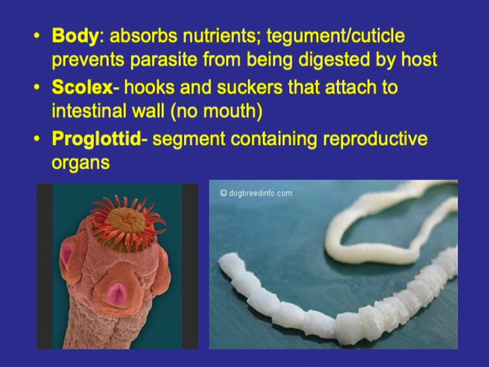These organisms consist of a scolex, that is hooks and suckers, which help them bind to the intestinal wall and absorb the nutrients, as these organisms lack a mouth. And proglottids are segments present in these organisms which consist of the reproductive organs.